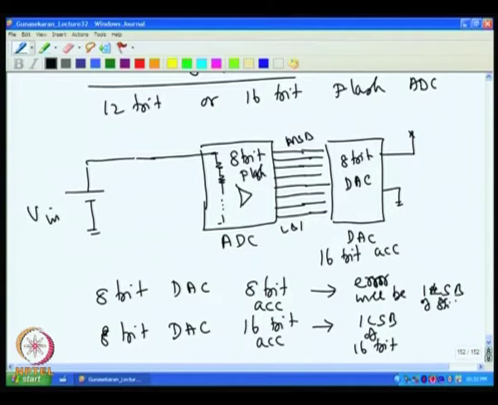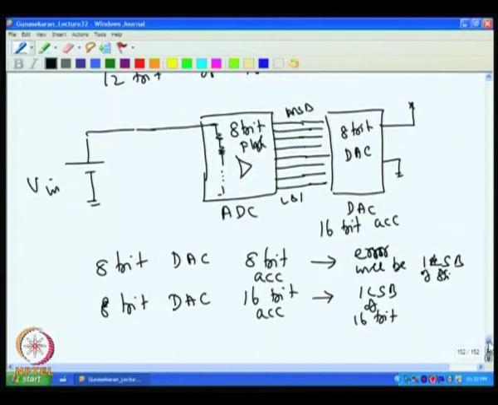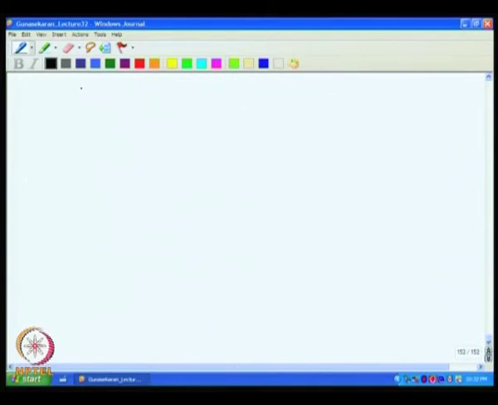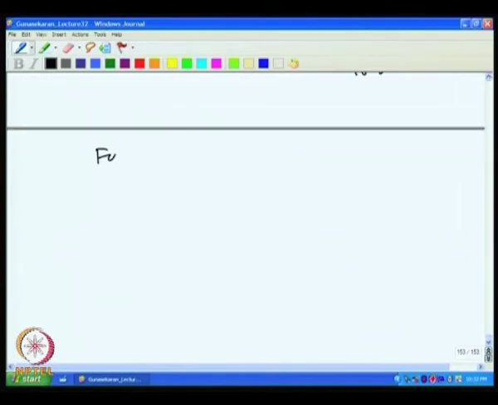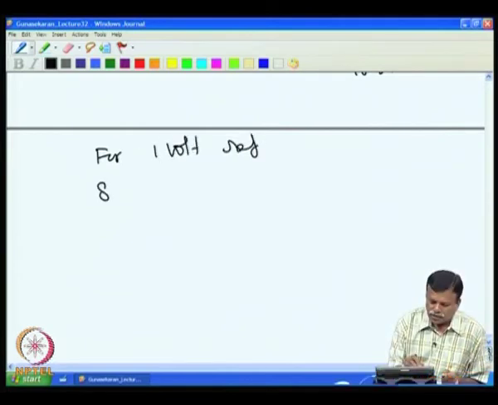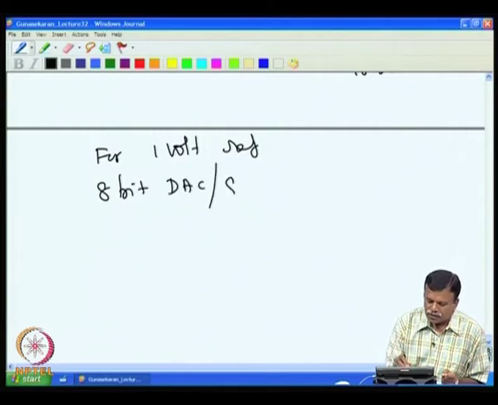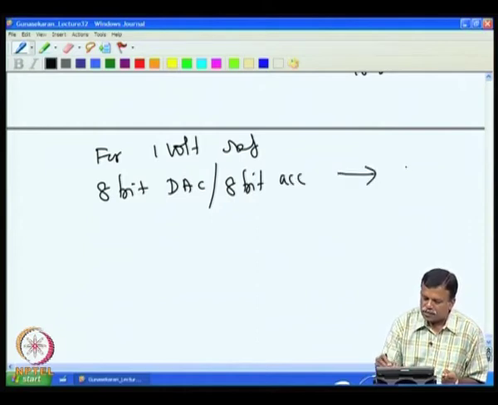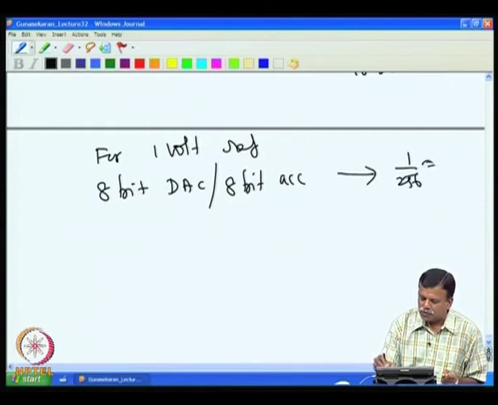For example, if I take 1 volt as my reference, for an 8 bit DAC with 8 bit accuracy, the expected error is 1 by 256, that is roughly equal to 4 millivolt.